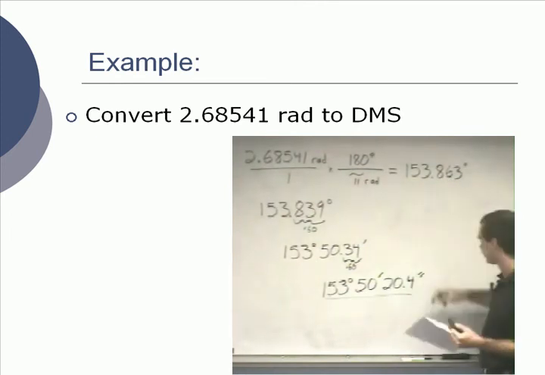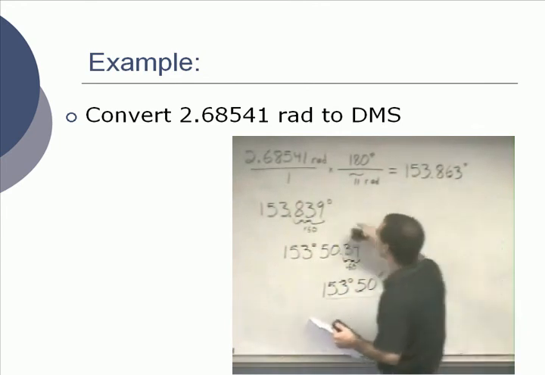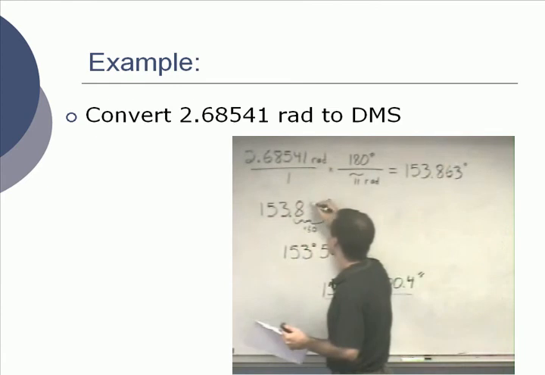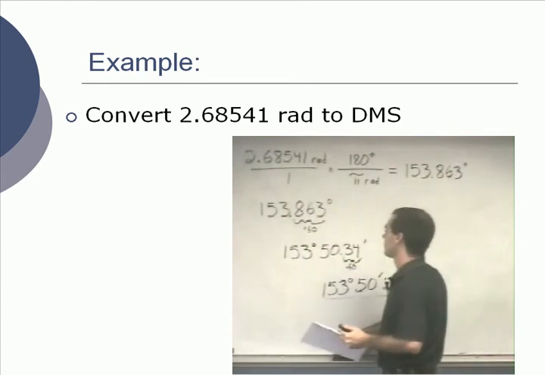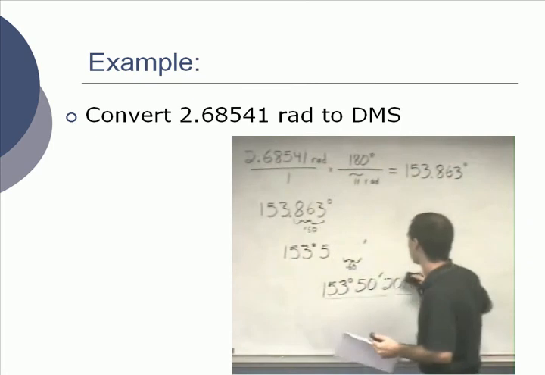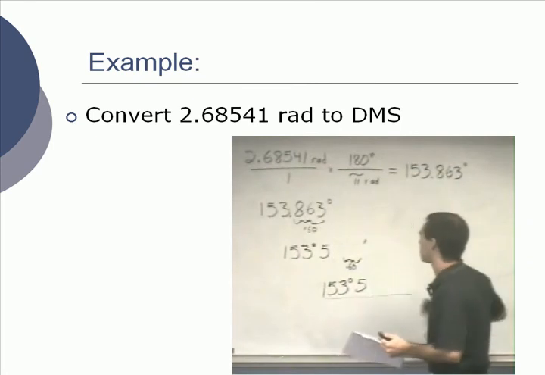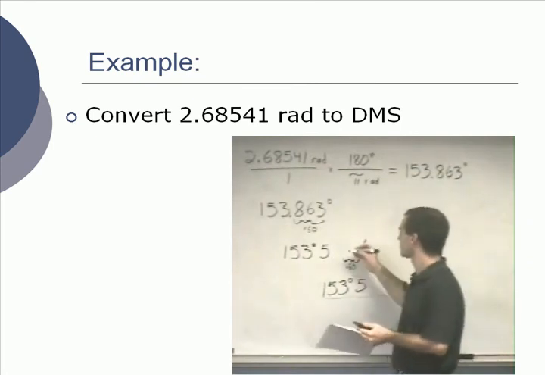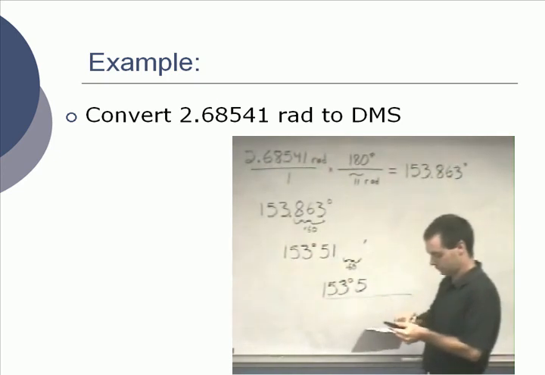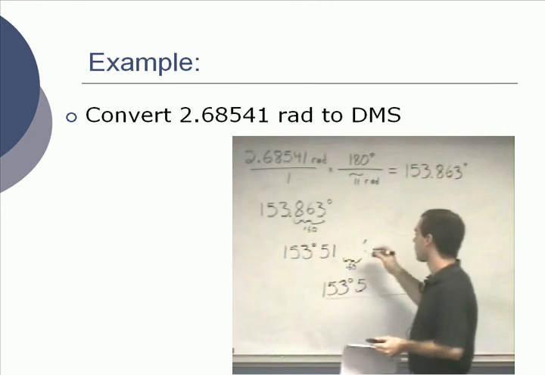Okay, so then this becomes 153.863, and we take the 0.863 times 60, and we get 51.78.